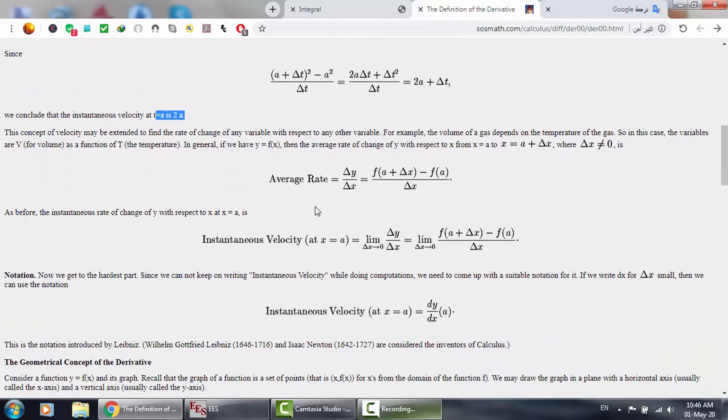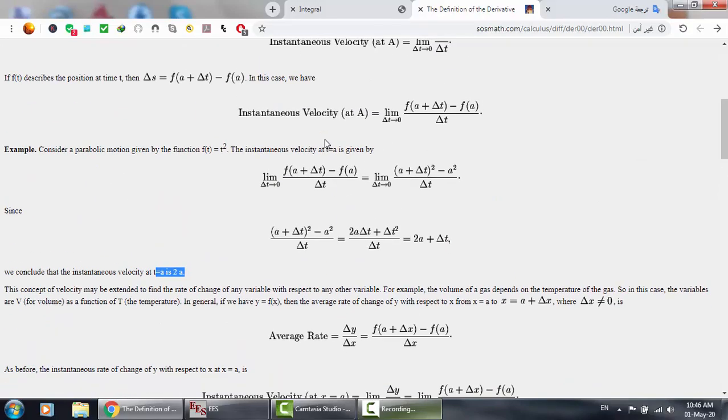Okay, so this concept of velocity may be extended to find the rate of change of any variable. The change of the distance with respect to the time: you are at A and then you went to B in a specific period of time.